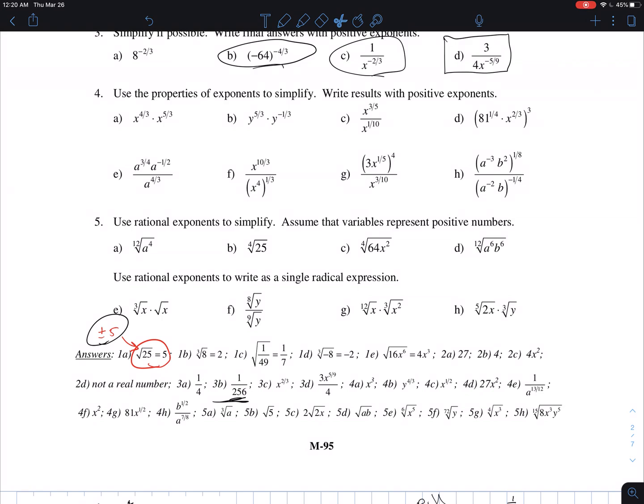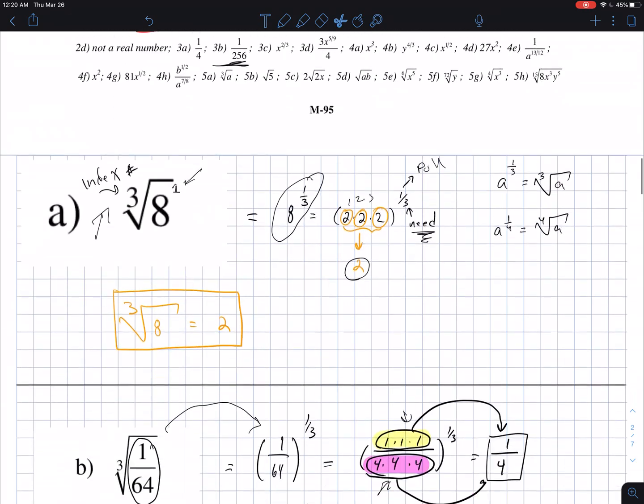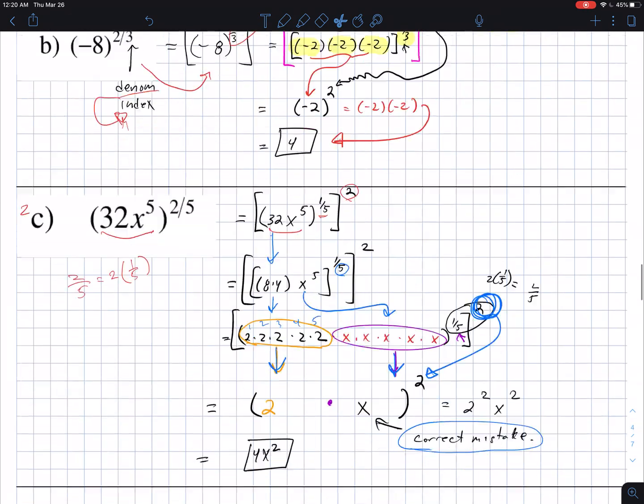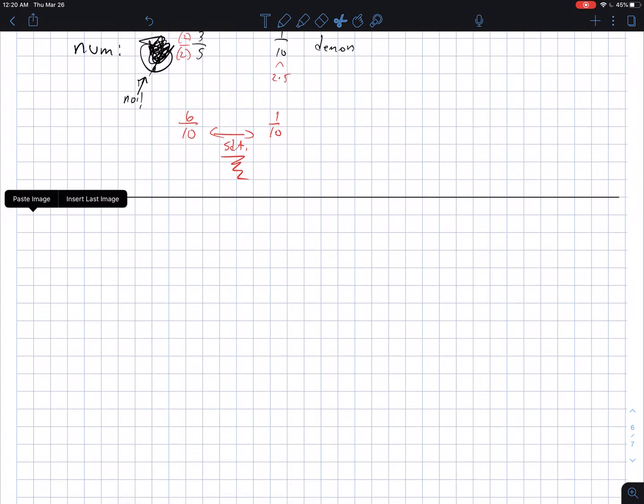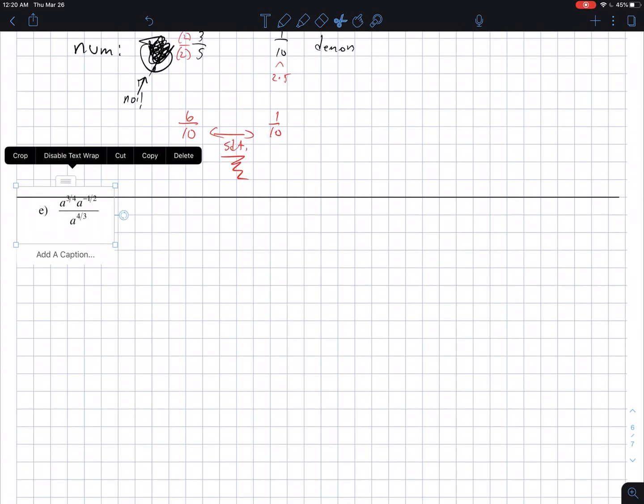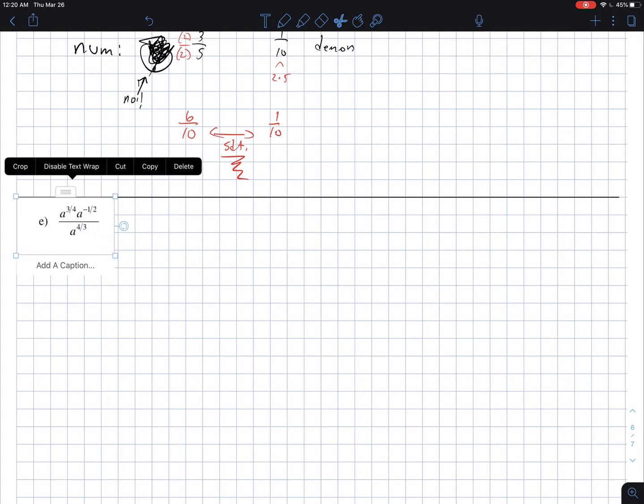But let's do 4e. How about that? If we do 4e, that could be interesting. Okay, not 4p, 4e.